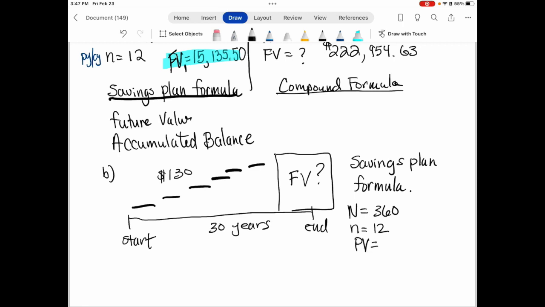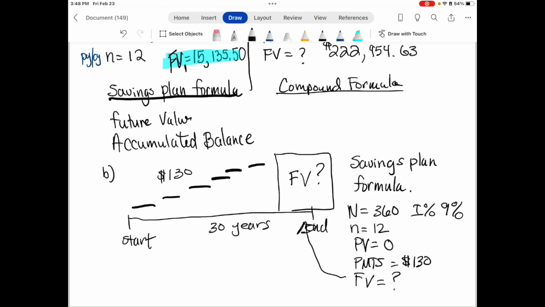We don't start with any present value or principal. We're just going to start making payments of 130. Don't forget to put a negative in front of that if you're using technology. Oh, and we're still using the same bank account, so it's going to be 9% interest still. And then we want to solve for the future value again.